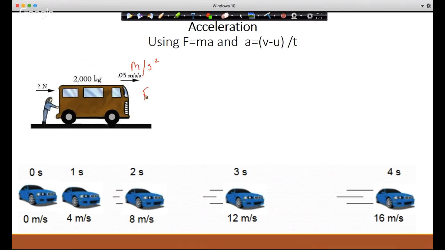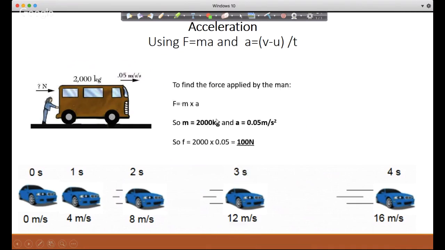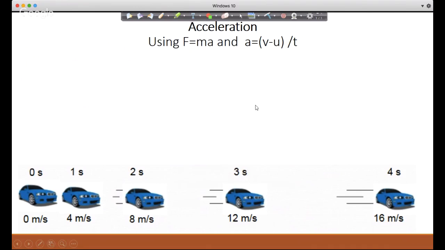We would just plonk those into the equation. F equals m times a, 2000 times 0.05, and that will give us our answer, not forgetting to put our units on the end there. So just times those two numbers together, giving us 100 newtons at the end.